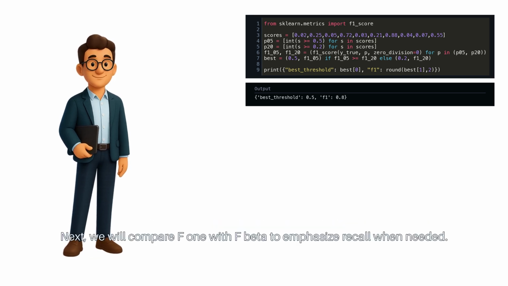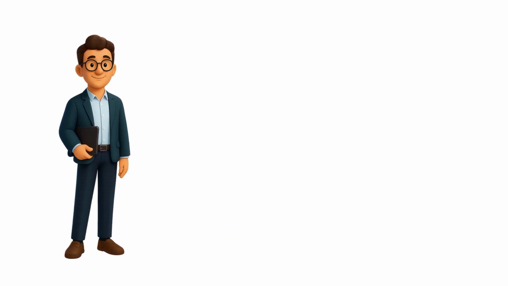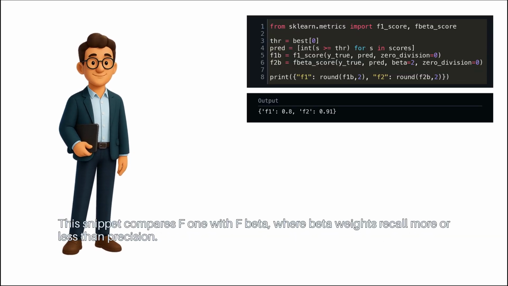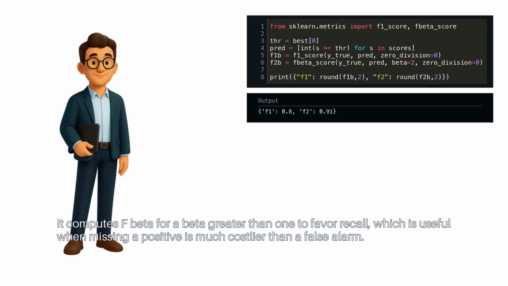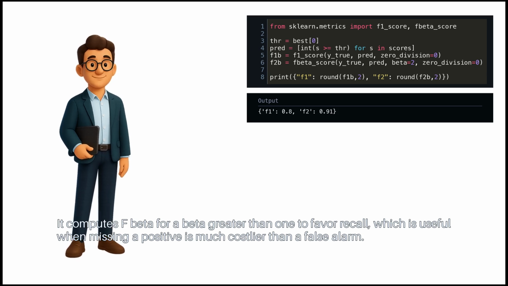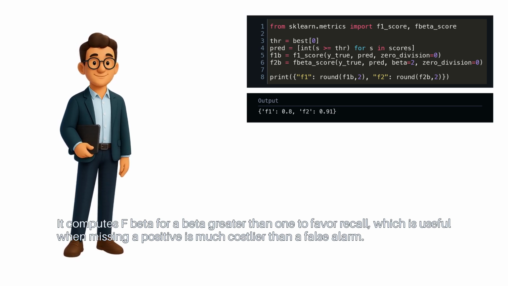Next, we will compare F1 with F-beta to emphasize recall when needed. This snippet compares F1 with F-beta, where beta weights recall more or less than precision. It computes F-beta for a beta greater than 1 to favor recall, which is useful when missing a positive is much costlier than a false alarm.